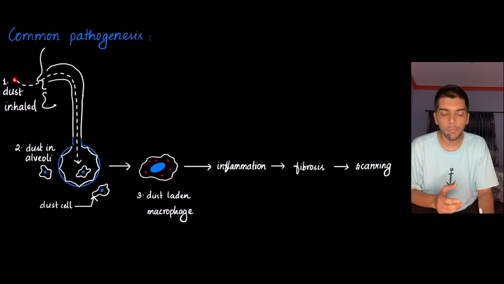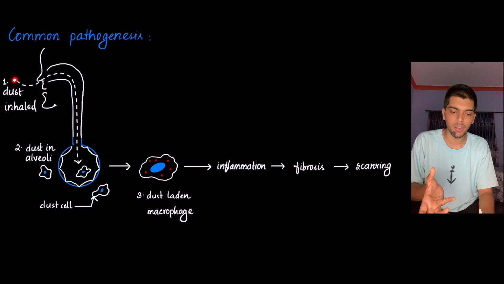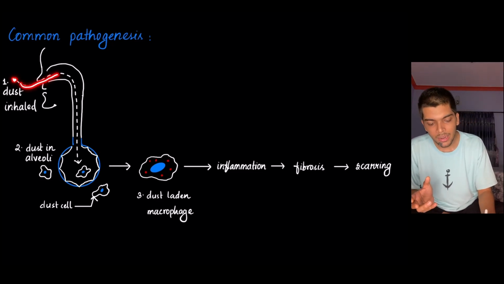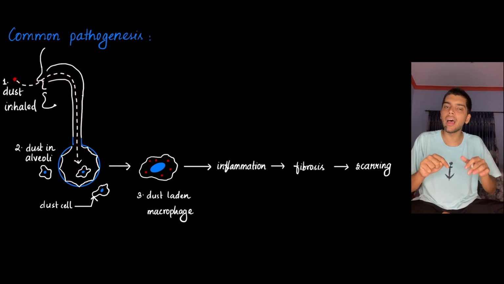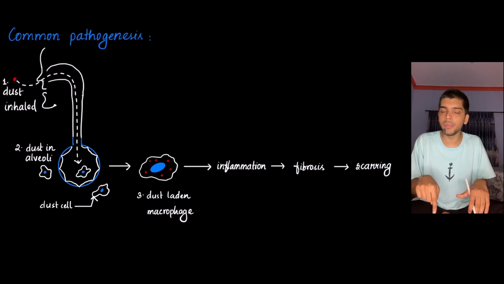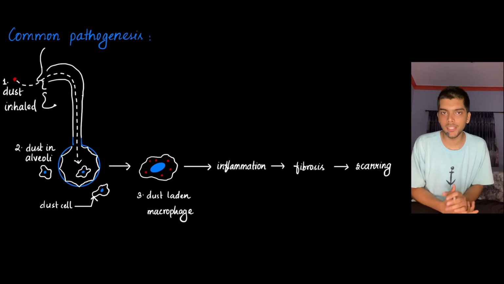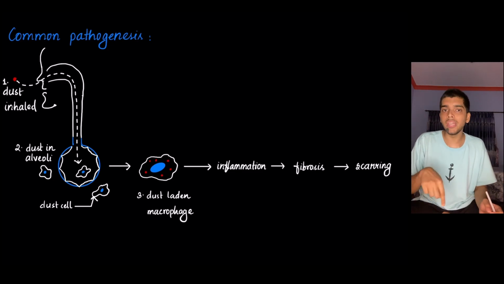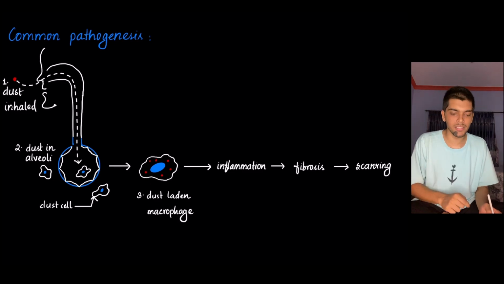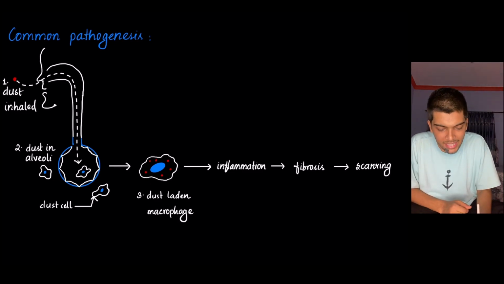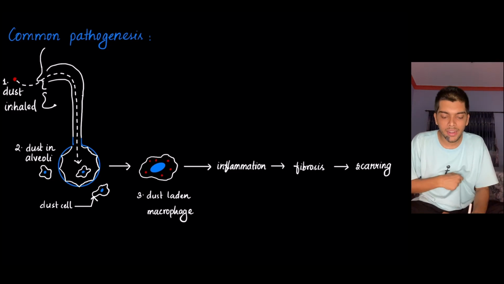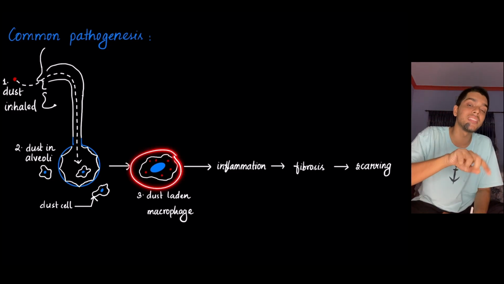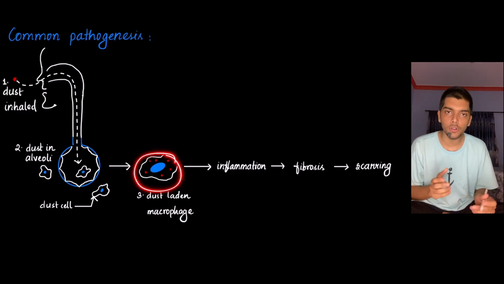When the person is exposed, the dust gets inhaled, passes through the respiratory tract and enters the alveoli. In your lungs, inside and outside and in between alveoli, there are macrophages. The macrophages found in your lung are called dust cells. So the inhaled dust is eaten up by the dust cells, and what you get is dust-engulfed dust cells or dust-laden macrophages.